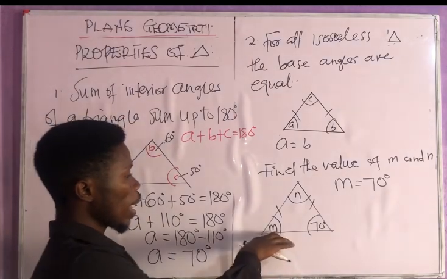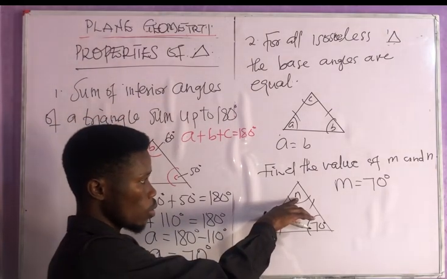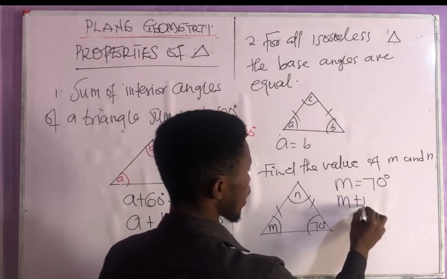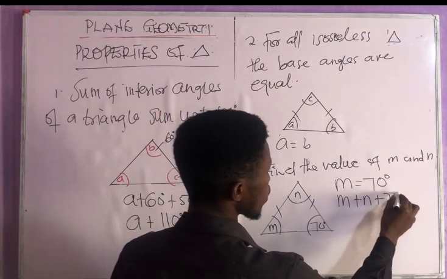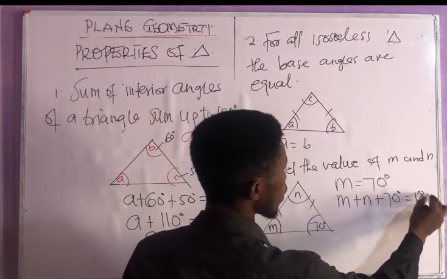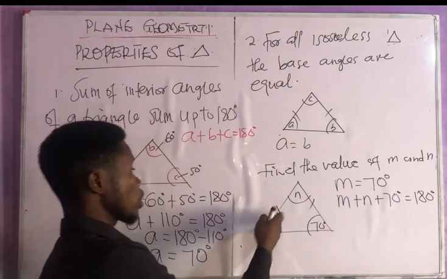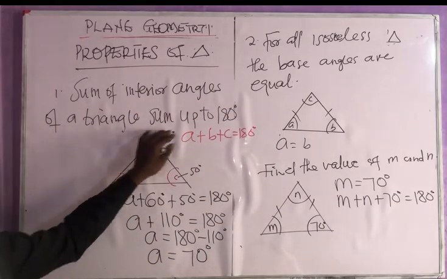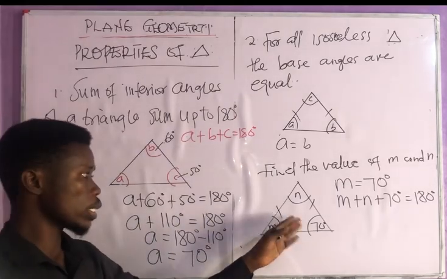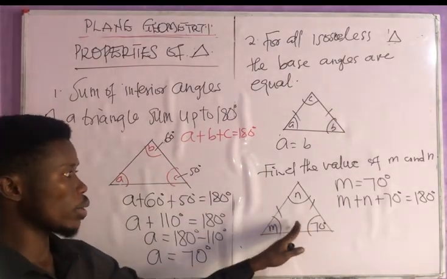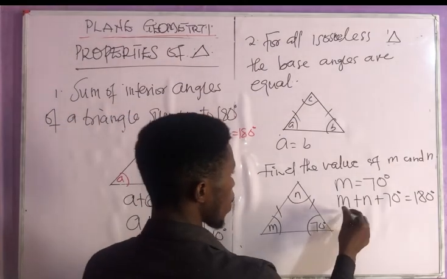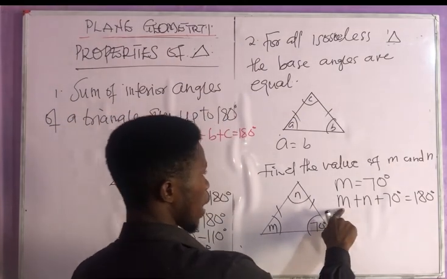And if our M is 70 and we want to find N, then we also know that M plus N plus 70 degrees equals 180 degrees. We said it already that the sum of interior angles of a triangle is 180.